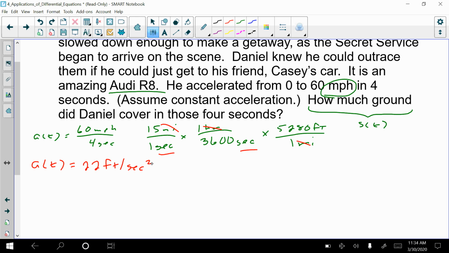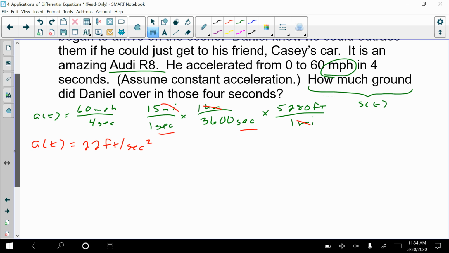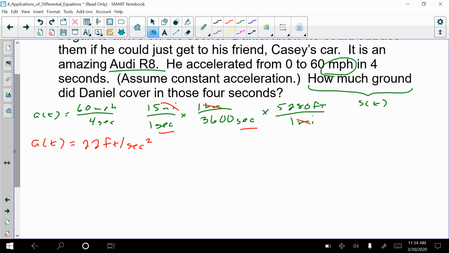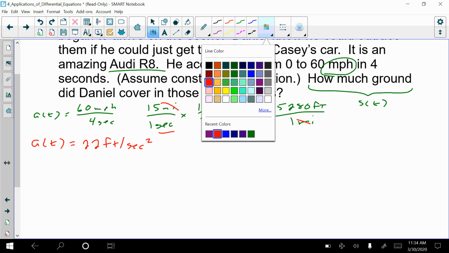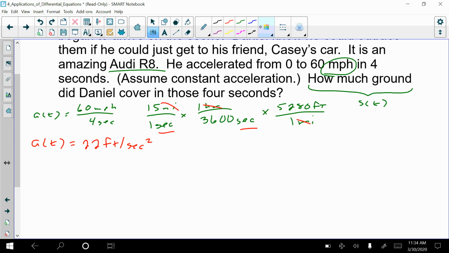So we need to be able to get the position function, because we're talking about how much ground did they cover. So we have to go through the process of, we can't go directly from the acceleration function to the position function. We have to get the velocity function in the meantime in order to get to the position. So I'm going to say v of t is going to be equal to the antiderivative of the acceleration function.